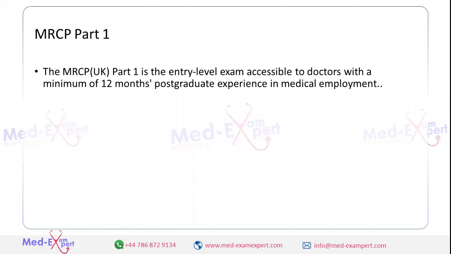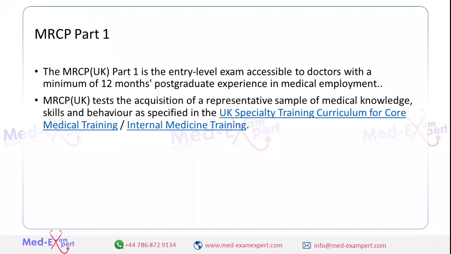So what about part 1? Remember, part 1 is an entry-level exam. The eligibility is a minimum of 12 months of postgraduate experience. Usually in Southeast Asian countries, after 1 year of finishing MBBS, you can apply for the MRCP part 1 exam.